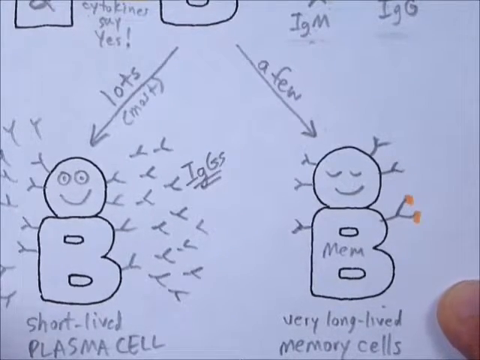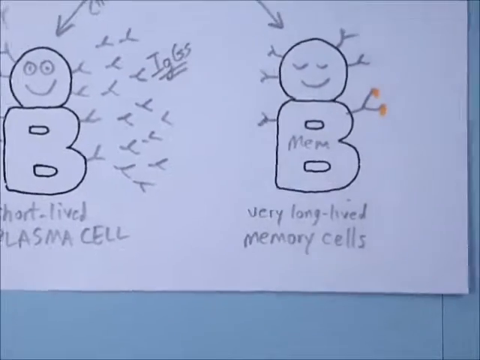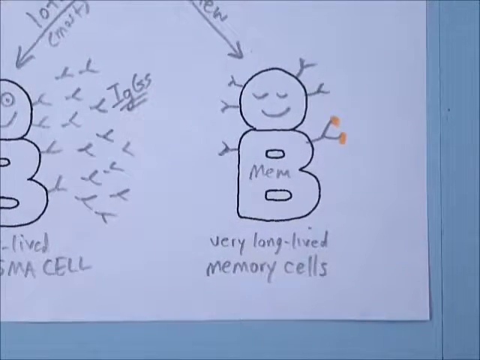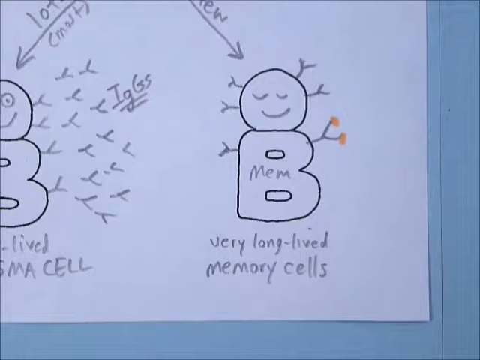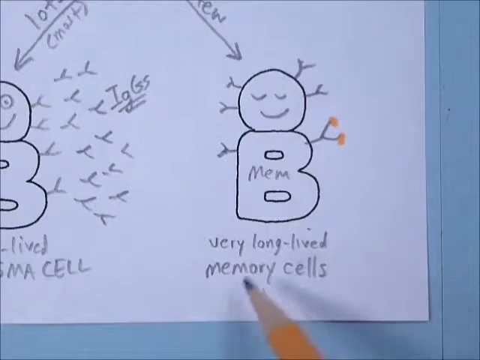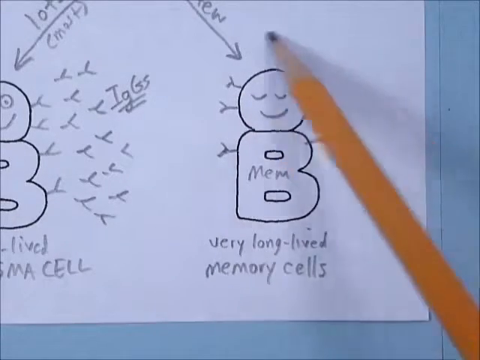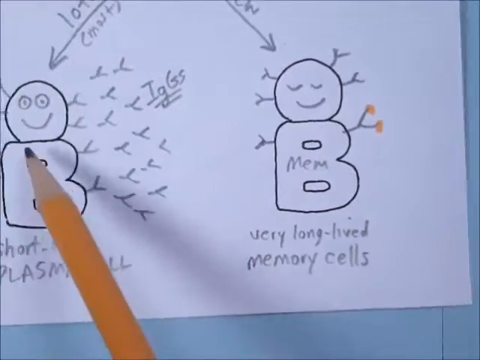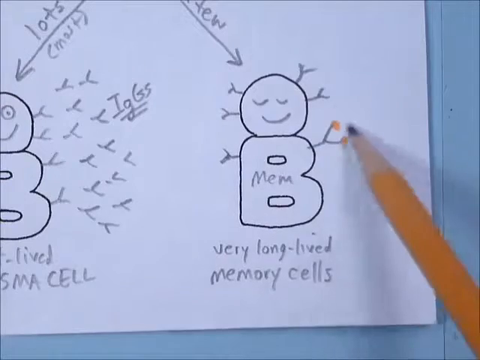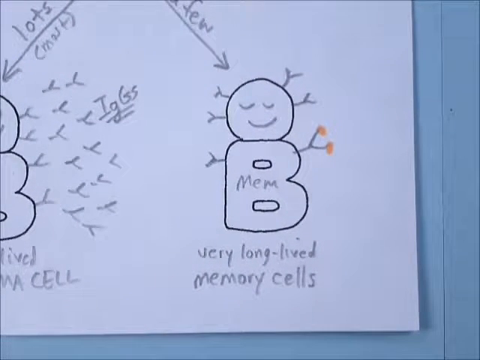And this is what gives your body its ability to be what we call immune to a virus or a bacteria. So once you've had, let's say, chickenpox, then you would have a lot of these floating around. Once your body had fought it off, we did this also, but then a few of these chickenpox B cells, memory cells, would hang around for a very long time, hopefully the rest of your life.